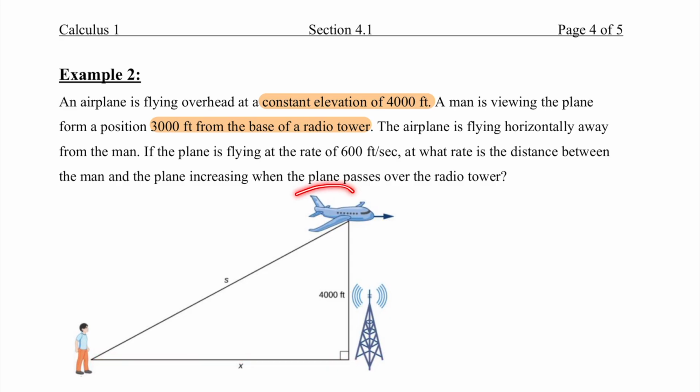The plane is flying above the man and the tower with the elevation of 4,000 feet. And the airplane is flying in this direction. So let's assume that the plane starts here and is flying in this direction. When the airplane gets here, we can form a triangle.